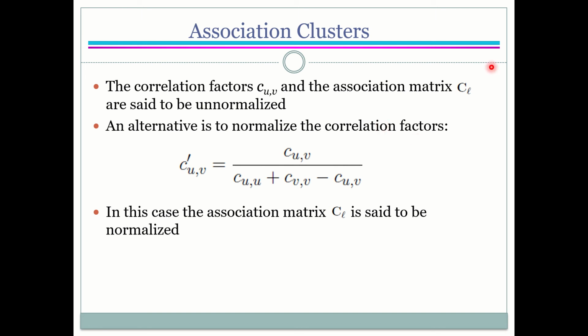Basically, we take the previous value of U and V, divide it by the weight of U times U plus the weight of V times V, and then minus the weight of U times V. This will give you the normalized value of U and V.